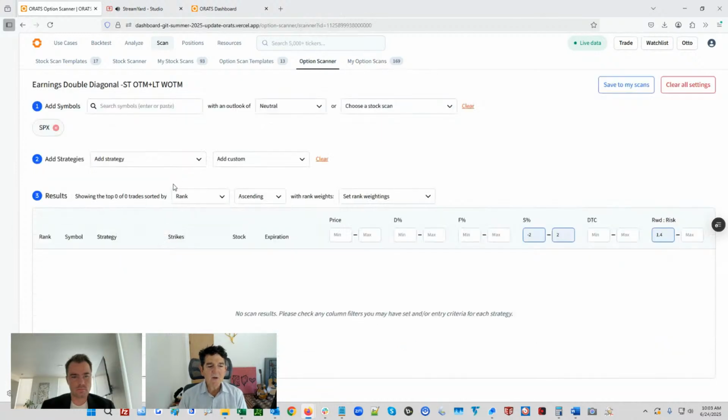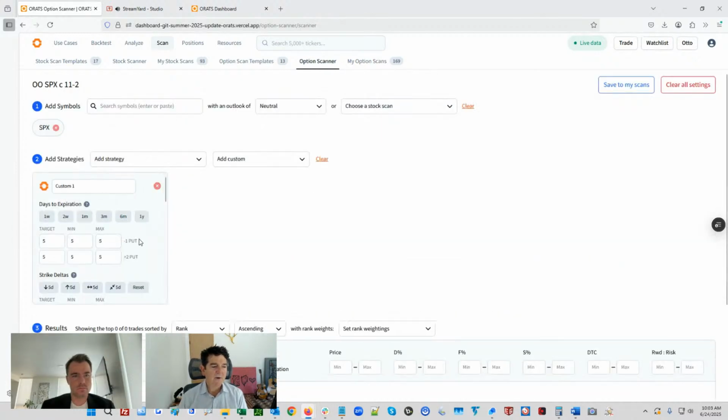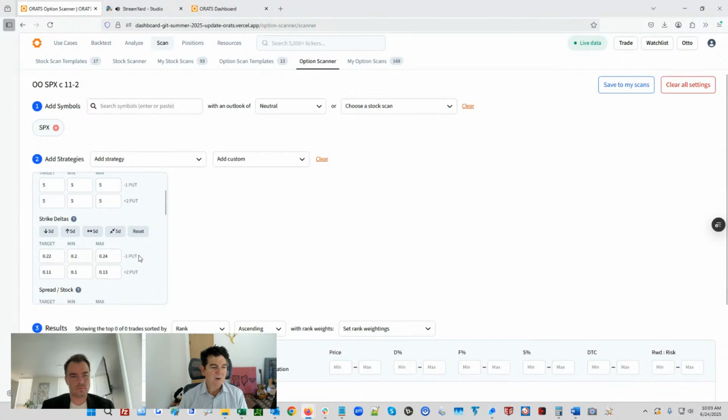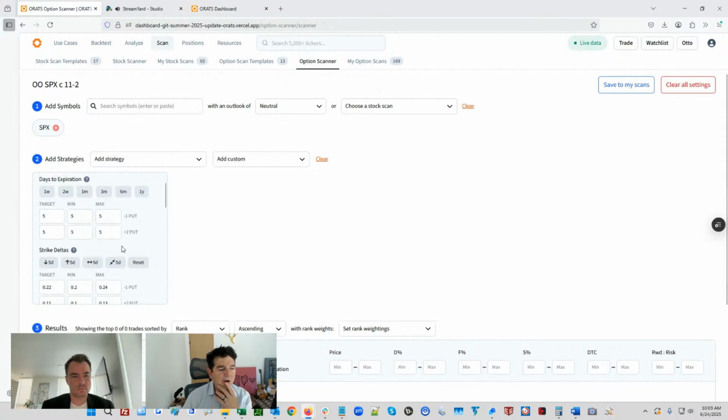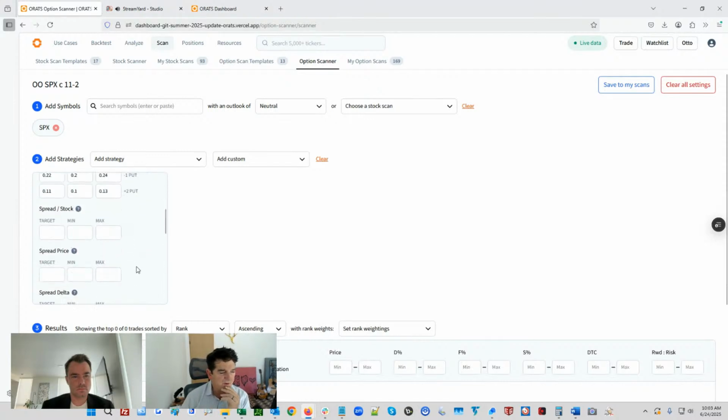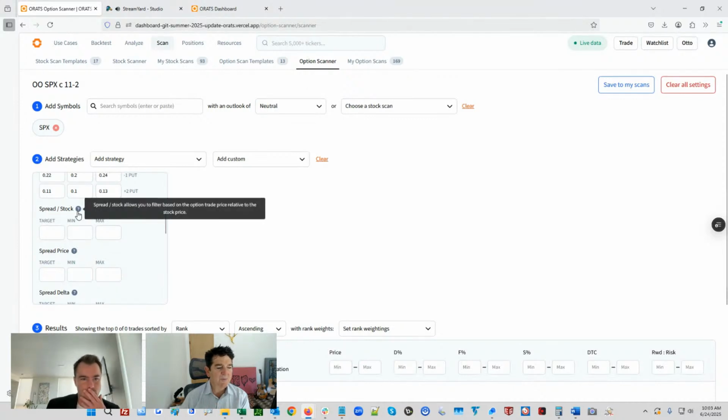So let's just see here. I think this is named incorrectly, but this is just a typical 1x2 put spread, and then I have various deltas. And I didn't need to make any settings, so if you go below, you could set different variables. Like, you could set how much you want to pay for this particular strategy in terms of the stock price.